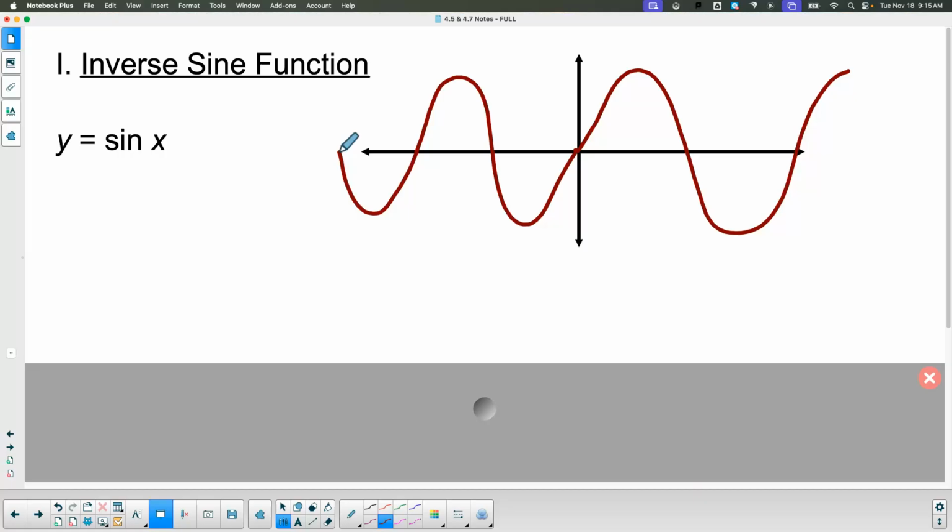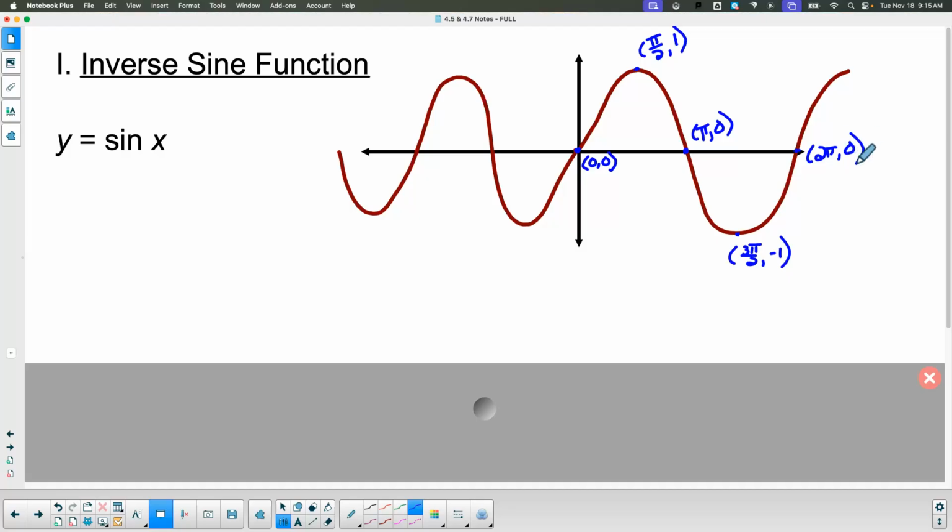On a normal graph, we can plot some points. So, for instance, it goes through the origin. This point up here is the point pi over 2, comma, +1. This point right here is the point pi, comma, 0. 3 pi over 2, comma, -1. 2 pi, comma, 0.